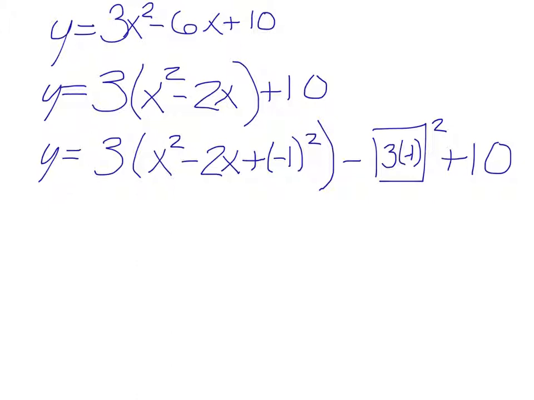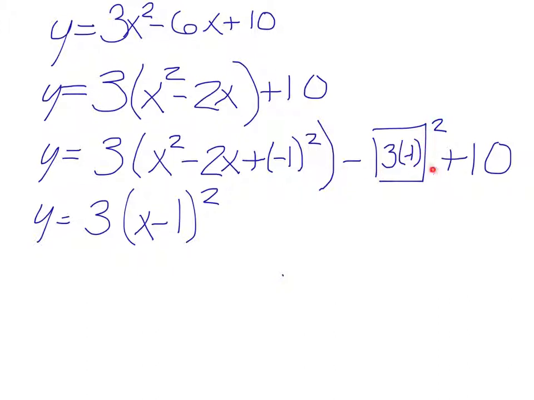So let's try and simplify this a bit. Now I have y equal to 3, and the point of doing all this was to be able to write it in a much simpler form. So I have (x minus 1) squared, and then I know that negative 1 to the second power is positive 1.